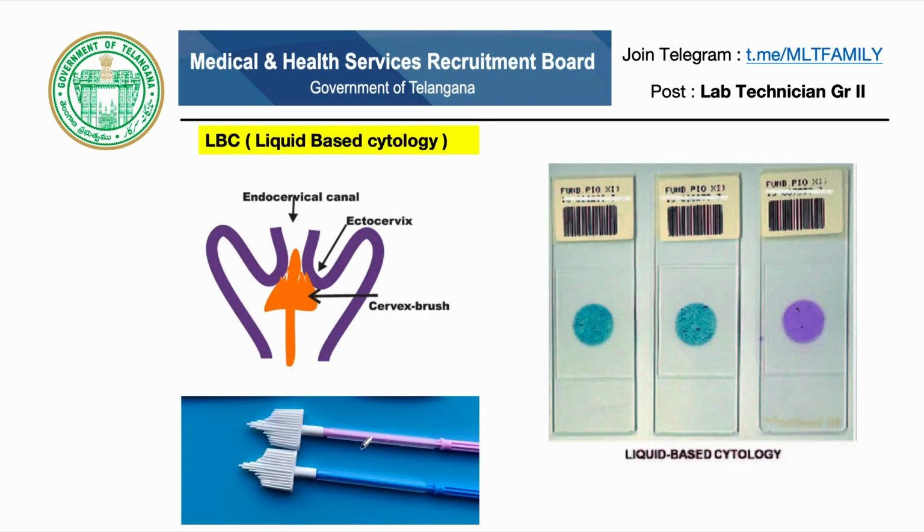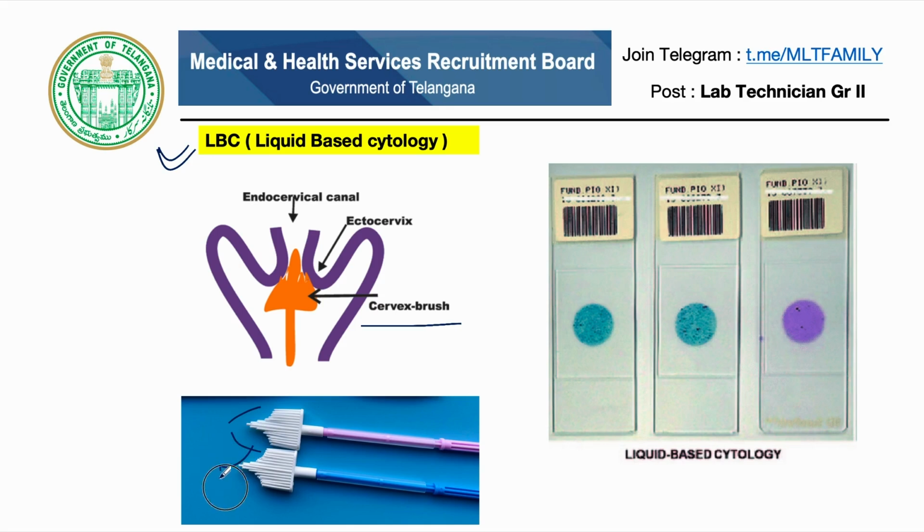Now there is a modern or advanced technique which is comparatively better than the conventional pap smear technique. This is called liquid based cytology or LBC. In this we use a cervix brush, which looks like this.